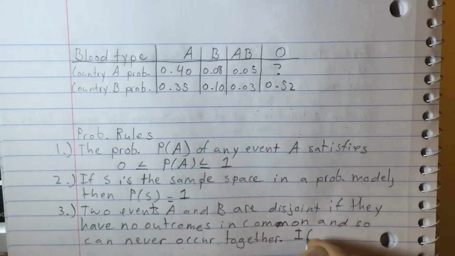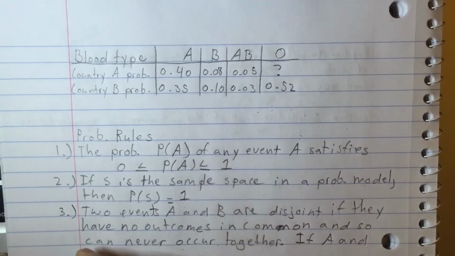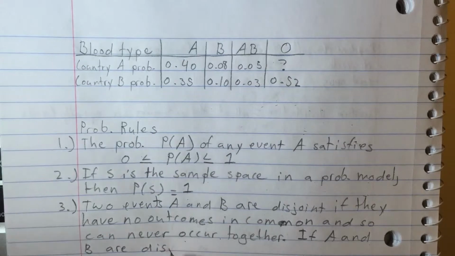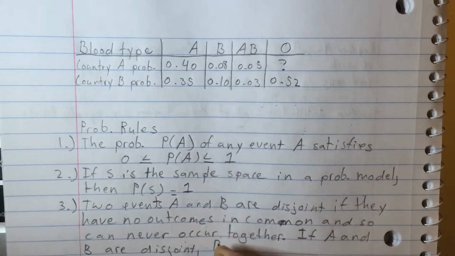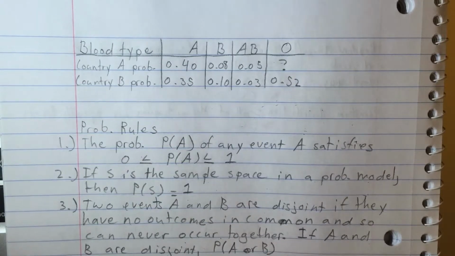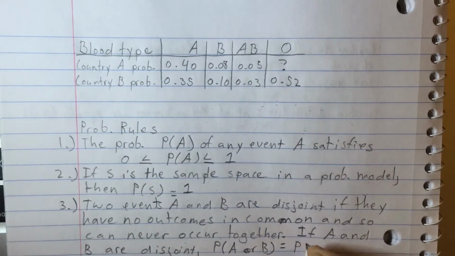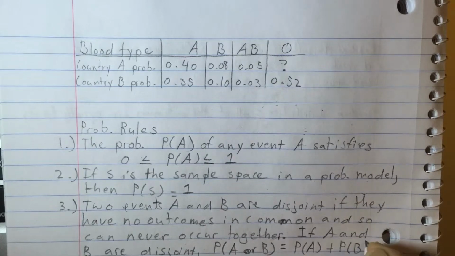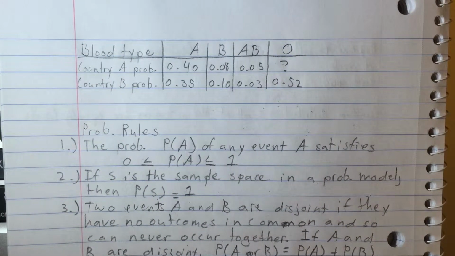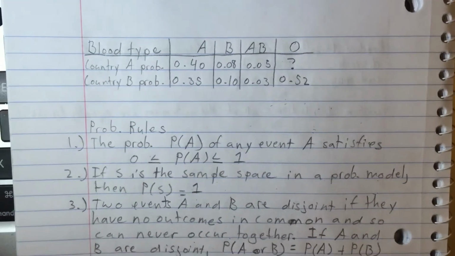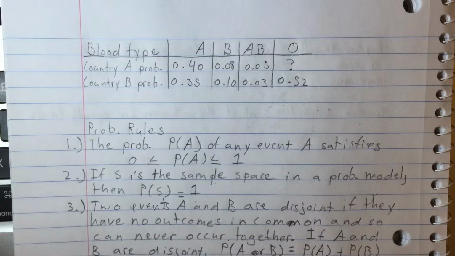If A and B are disjoint, then the probability of A or B equals the probability of A plus the probability of B. So for disjoint events, you add, whereas if 2 variables were independent, you would multiply. I'll go over the independent rule later.